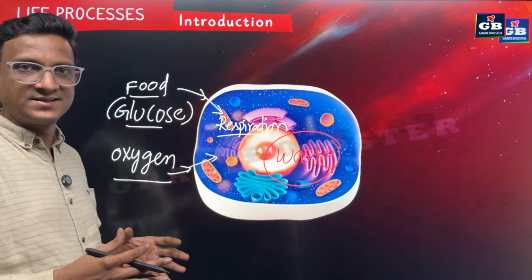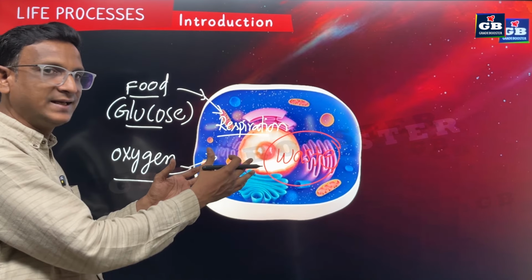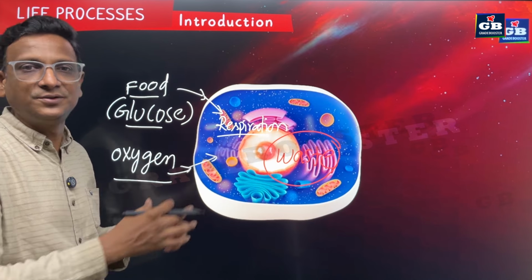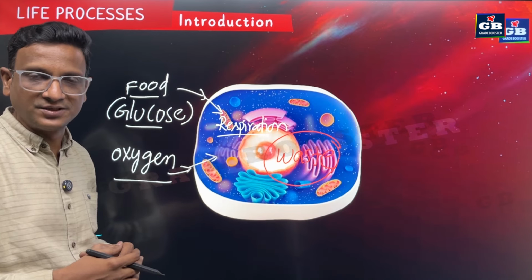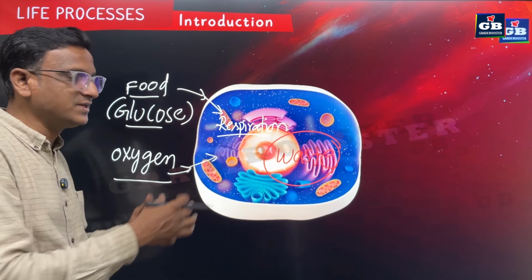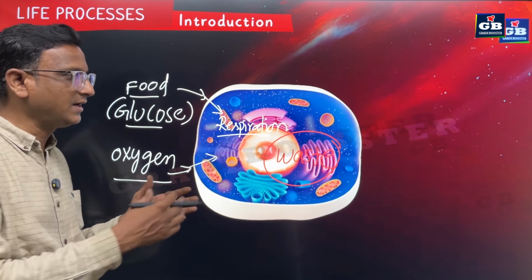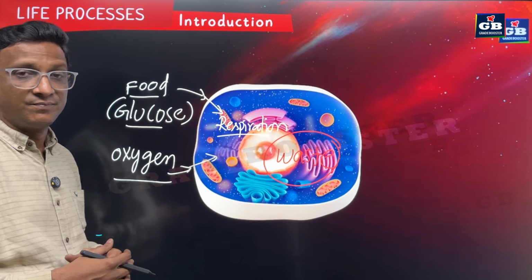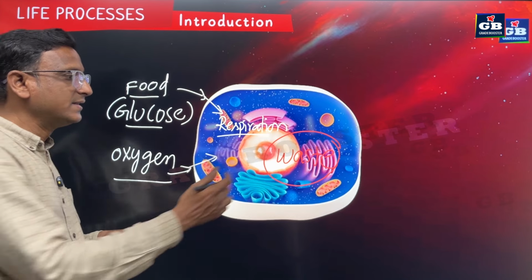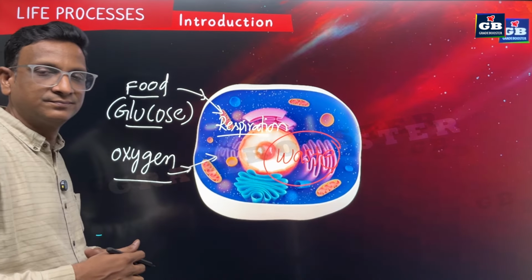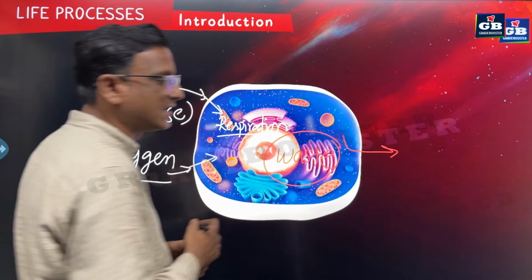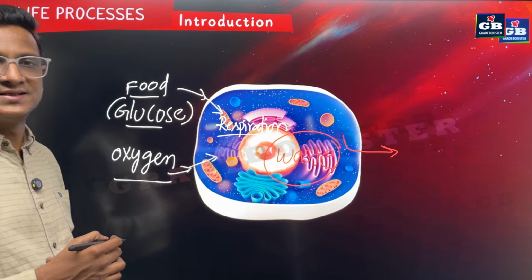These wastes, if they remain inside the cell, are toxic to the cell environment. They will destroy the cell. The cell has to get rid of these waste materials. So the waste materials are to be sent out of the cell.